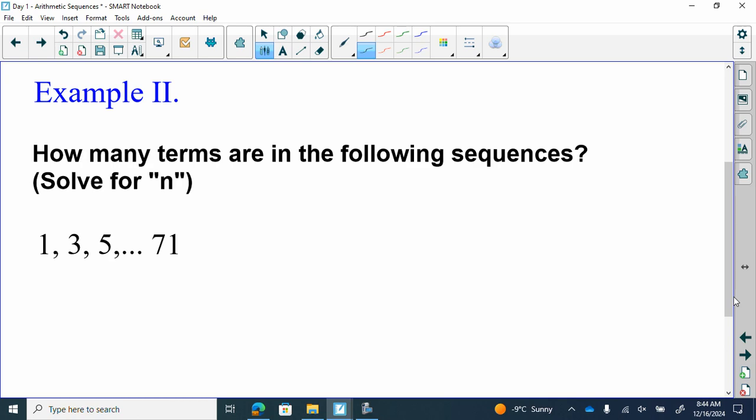Don't forget the formula. The formula says Tn equals a plus n minus 1 times d. Sometimes you'll see that a replaced with a t1, first term. Sometimes you'll see tn, some textbooks use I, and this would be an I.